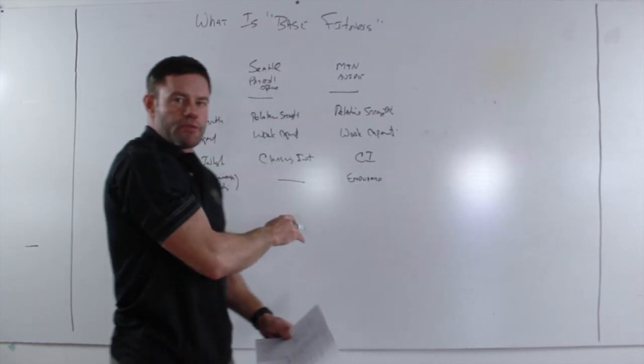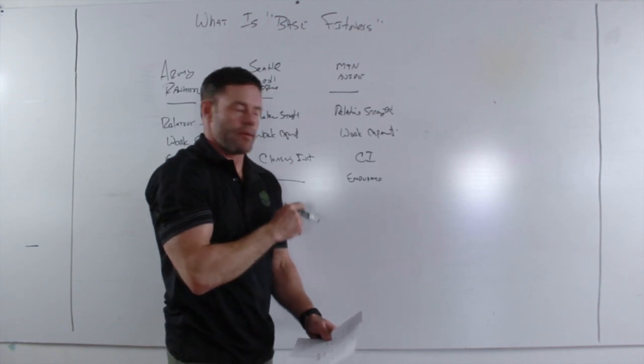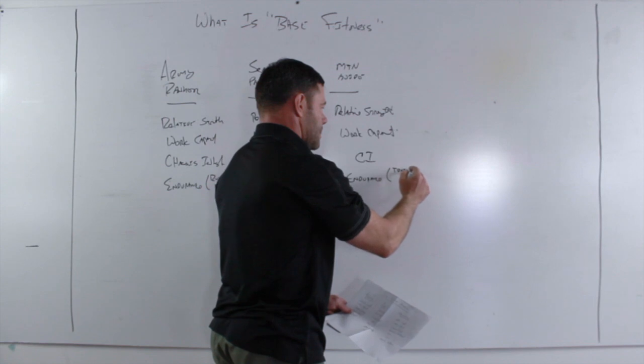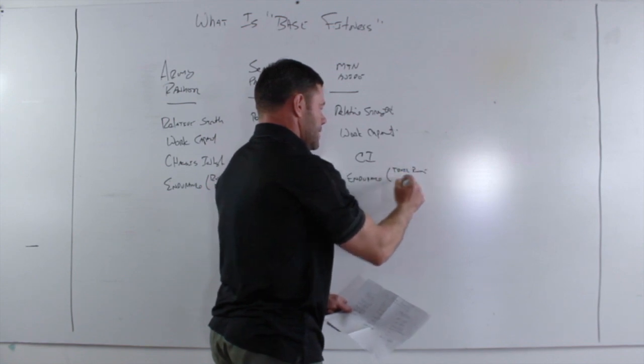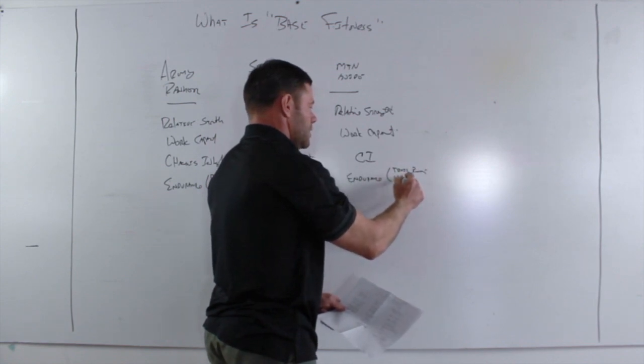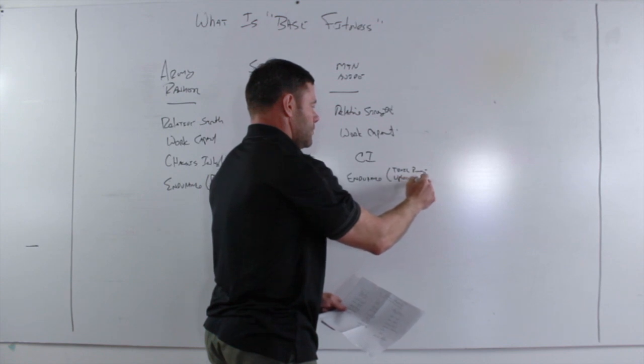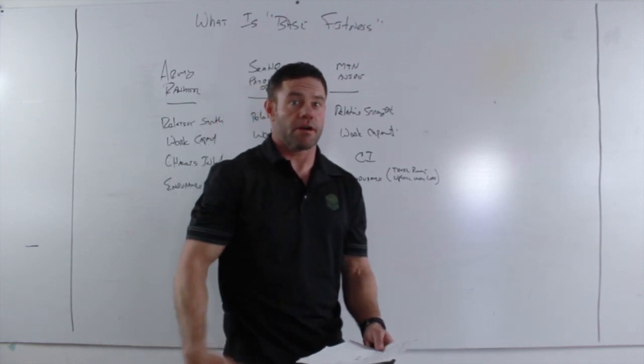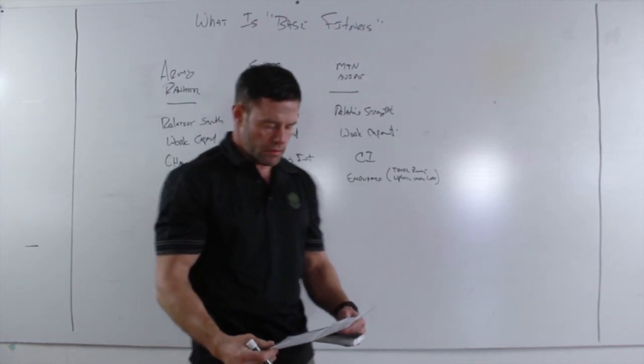But the mountain guide's endurance demand is different than the Army Ranger's. Trail running and uphill movement under load. In just about every mountain activity, you end up going uphill carrying a pack, uphill movement under load.